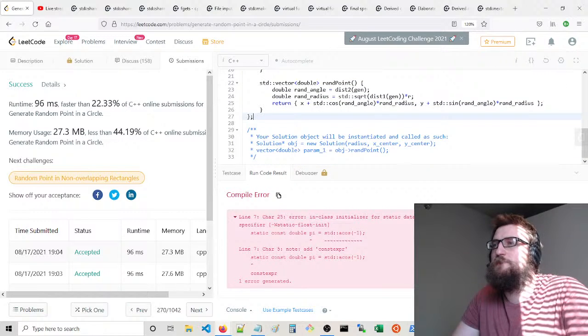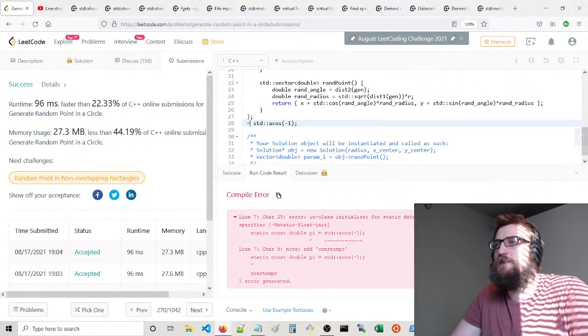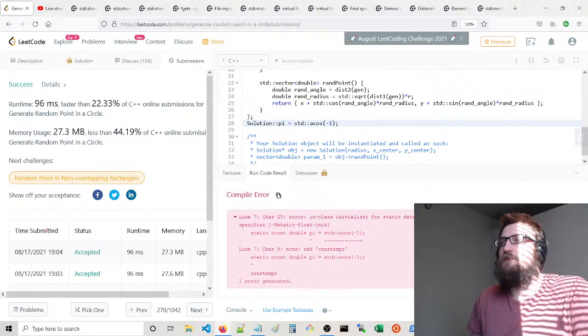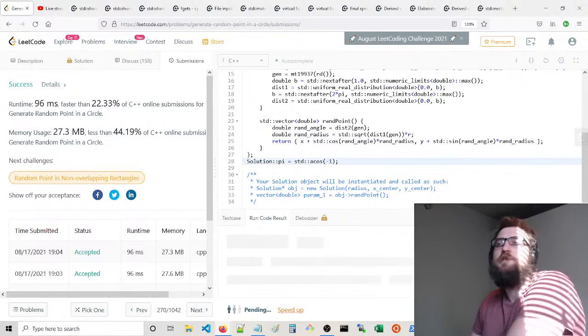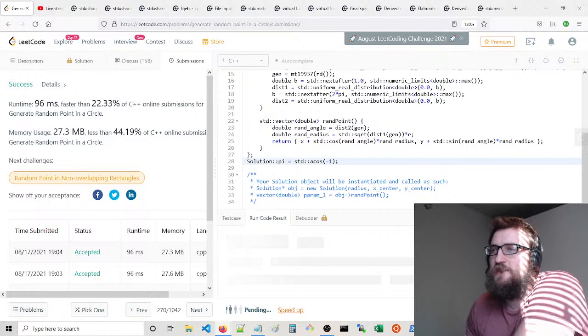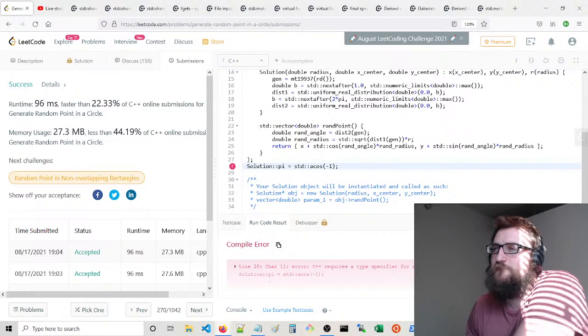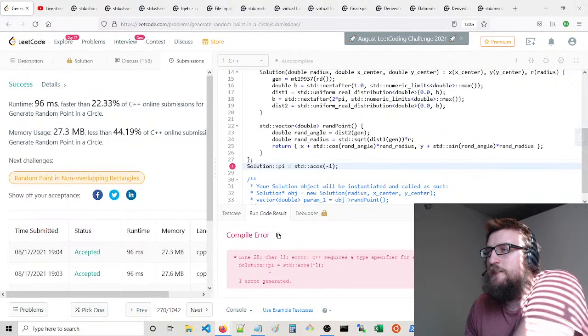So actually what you need to do is, before you have the solution, you say solution pi equals std::acos, which is a little weird. I don't like doing this. Type specifier for all declarations.